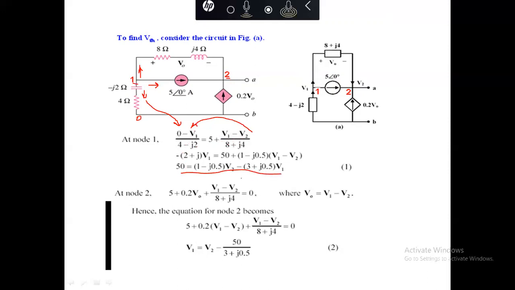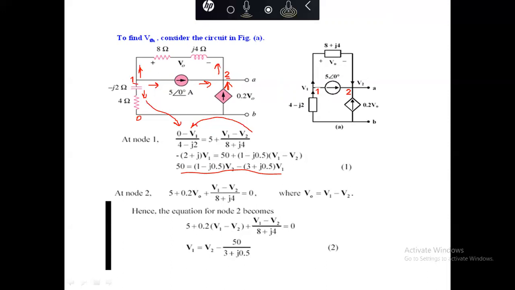Now we apply the nodal analysis at node 2. For nodal analysis at V2, this current is entering the node, and this current is also entering the node. And what about this current? V2 is at higher potential, so this current is leaving the node.